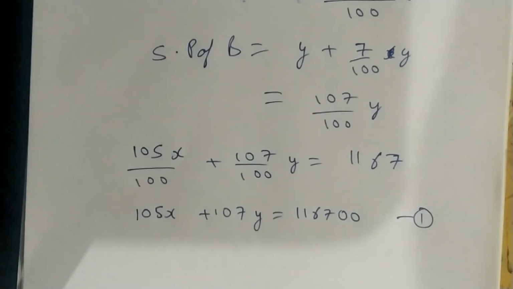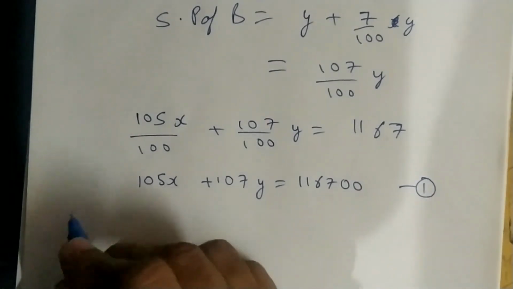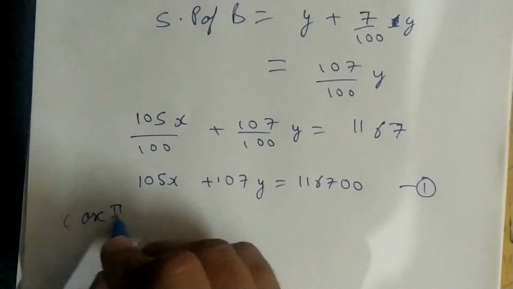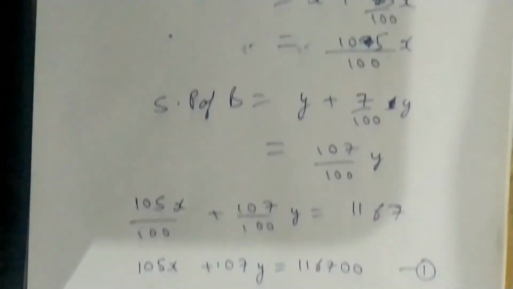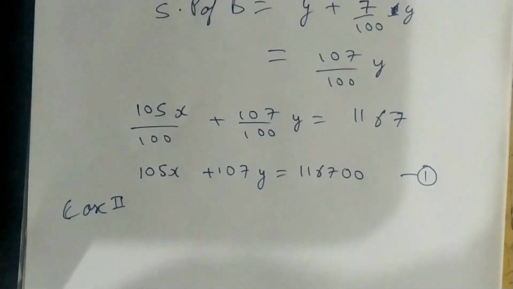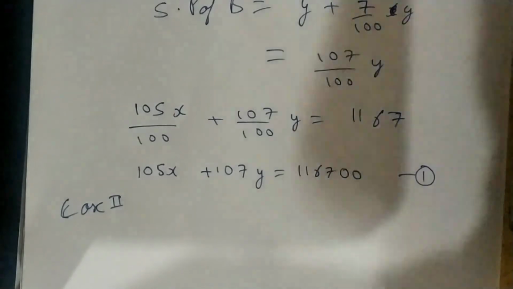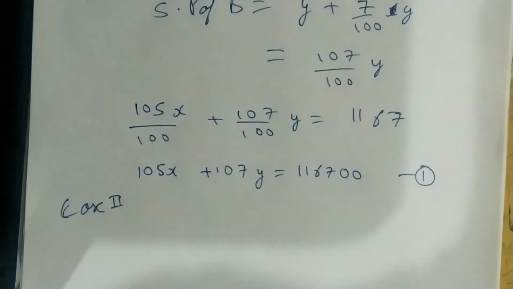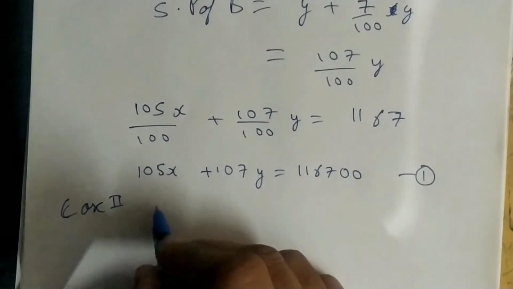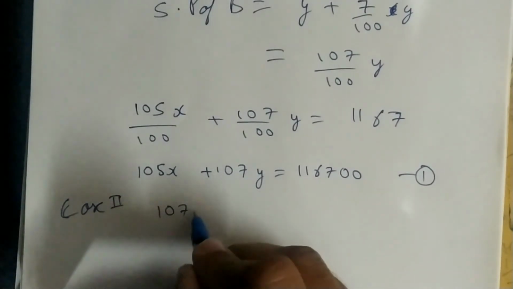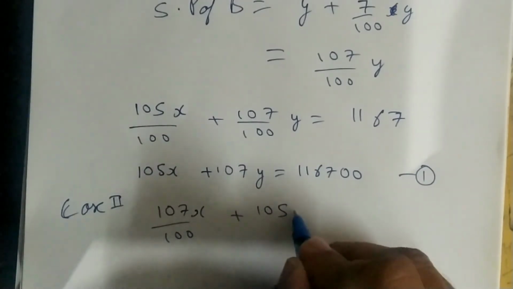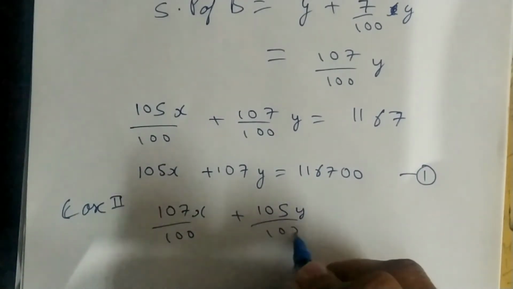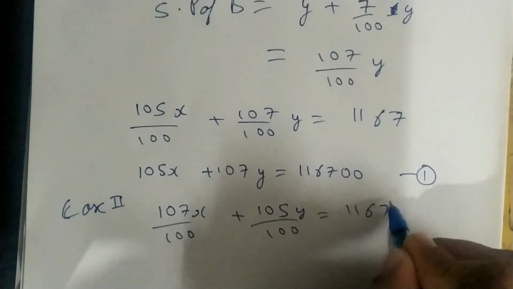Same way, second equation you can obtain, case 2. You can solve all just like this. I will write directly. The profit first is 7% on A and 5% on B. 7% is 107x plus 5% means 105y upon 100 is equal to 1165.